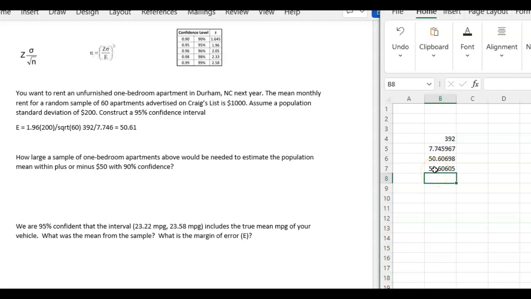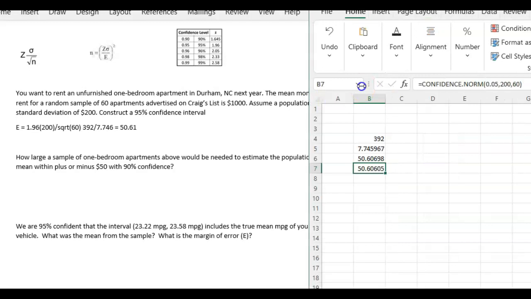If you look, hold on one second. I just wanted to show you what I entered there to get that: CONFIDENCE.NORM, 0.05, 200 standard deviation, and 60 is the sample size. And that gives us our margin of error.